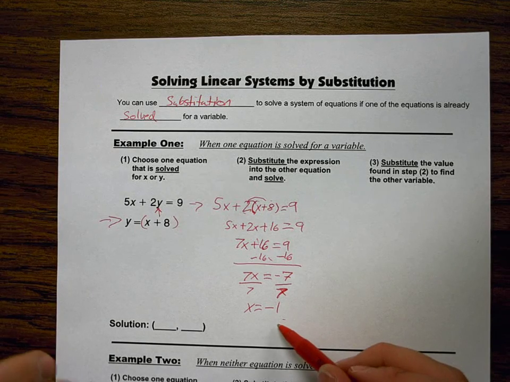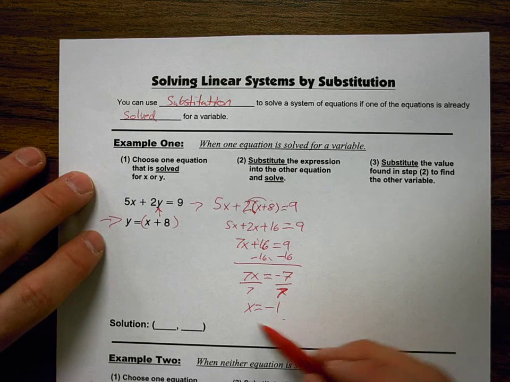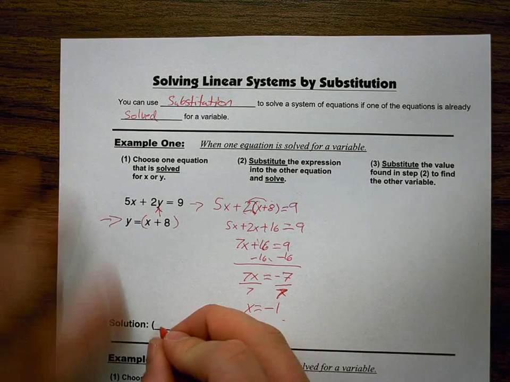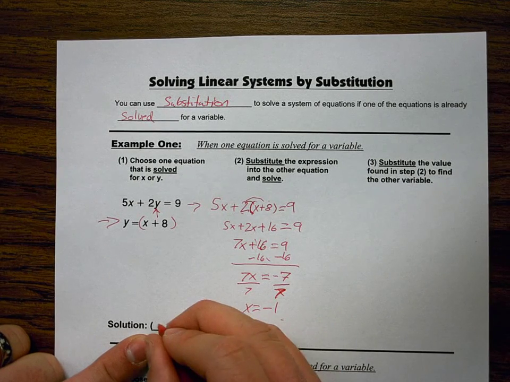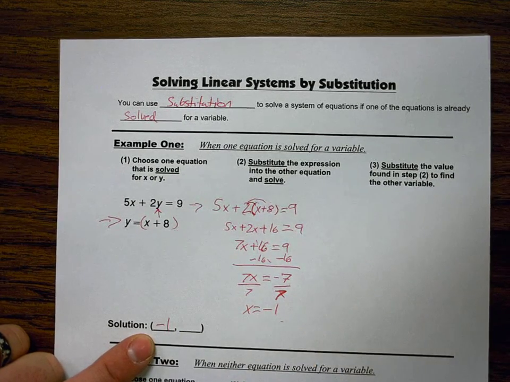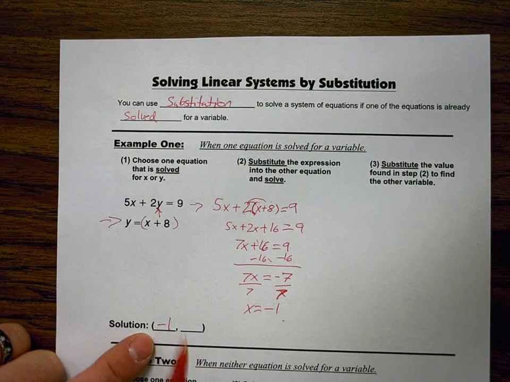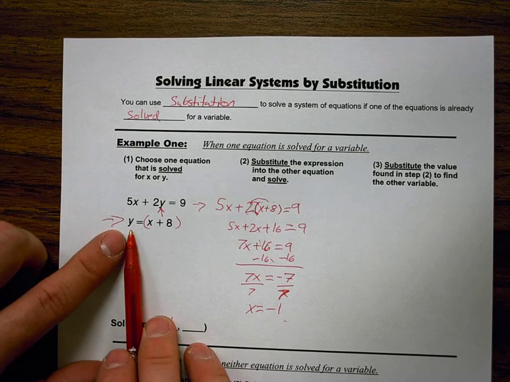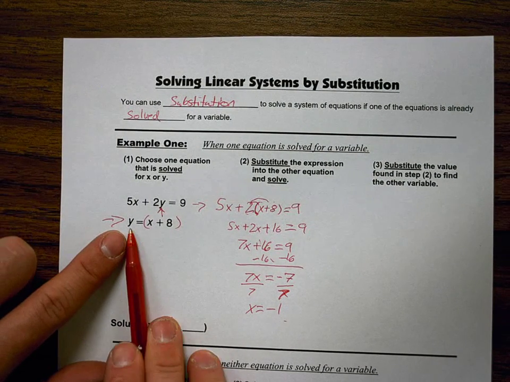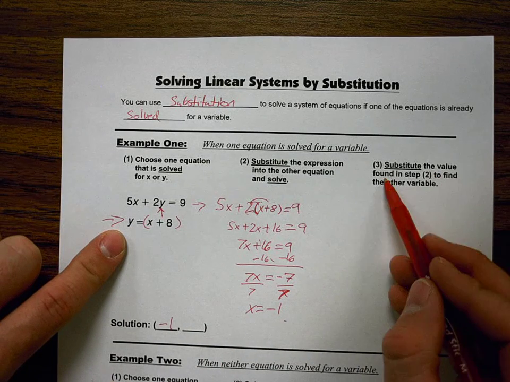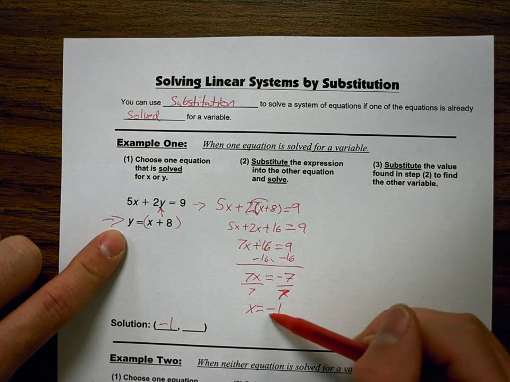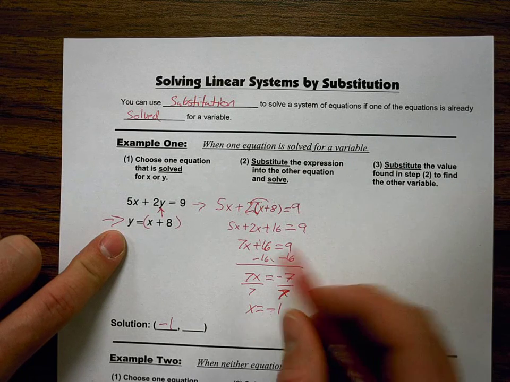Okay, so I know my x value. So if my answer is in the form of a coordinate, my x is going to be negative 1. So I need to find the y. If you look here, this is already set up to solve for y. So I take this, substitute the value found in step 2 to find the other value.